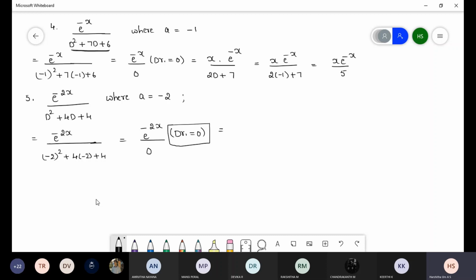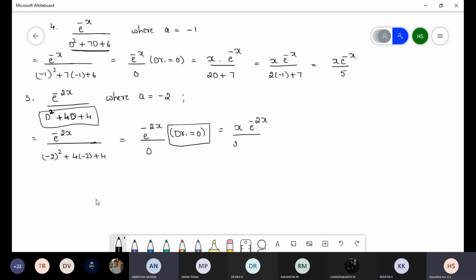If it is 0, first write x, then e power minus 2x, then the differentiation of this, f of d. So what is the differentiation of d square plus 4d? 2d plus 4.